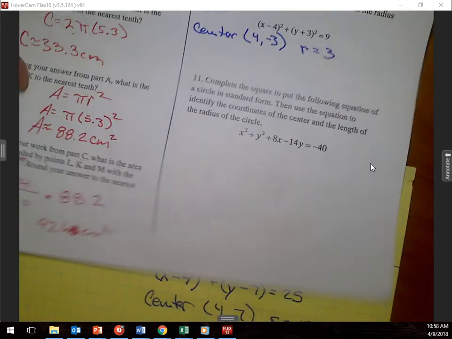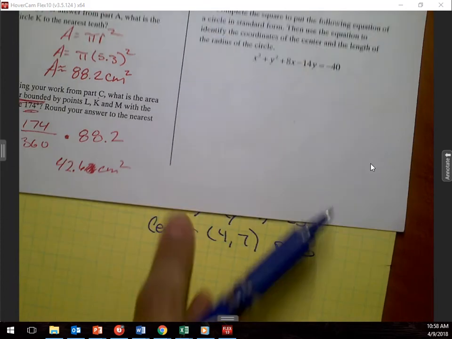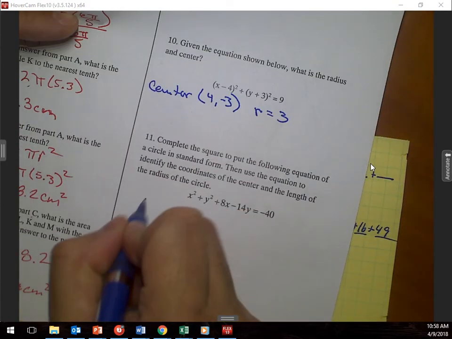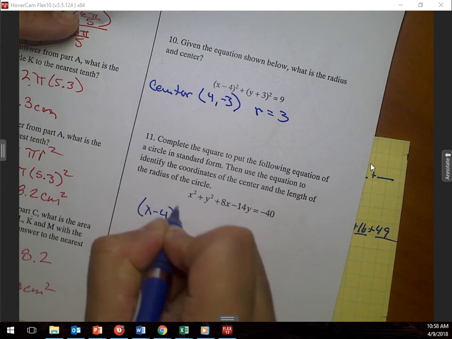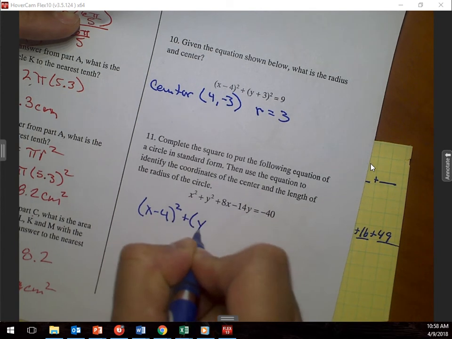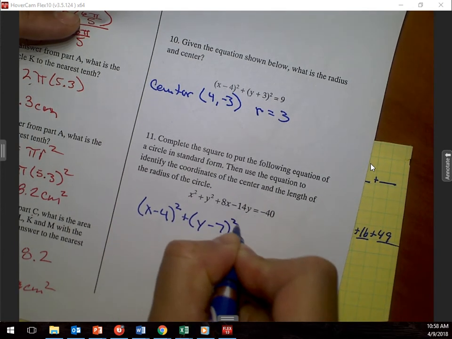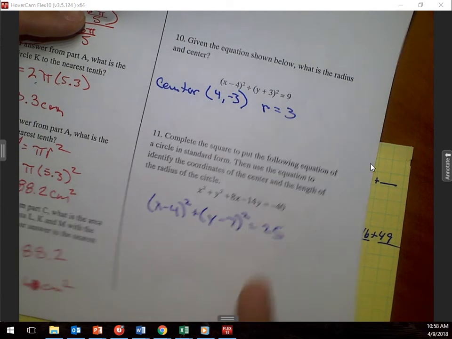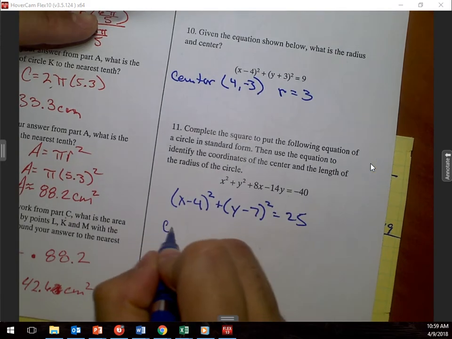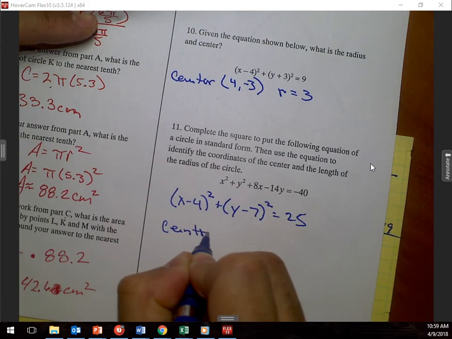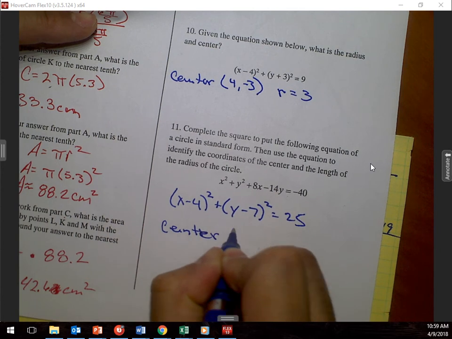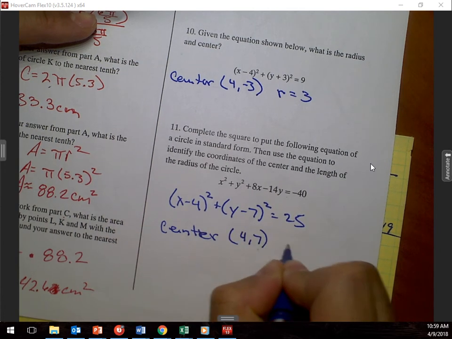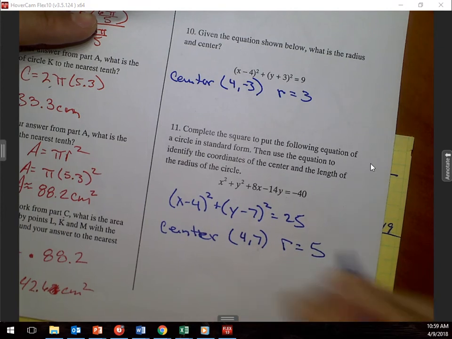So these actually have two parts. So I'm going to write my x minus 4 squared plus y minus 7 squared equals 25. There's the equation. My center is at 4, 7, and my radius is 5.